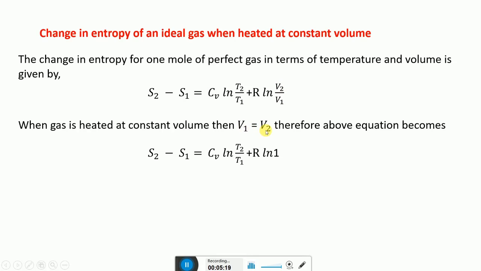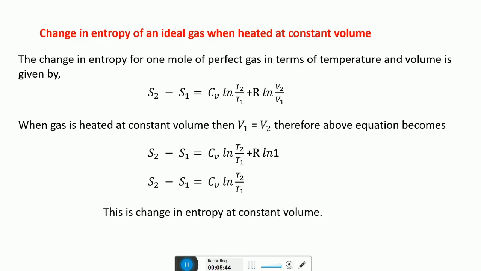Again we consider V1 is equal to V2, therefore only log 1 is remaining here, and the value of log 1 is 0, therefore this equation is reduced and we get change in entropy S2 minus S1 is equal to Cv log T2 by T1. This is the change in entropy at constant volume of an ideal gas.